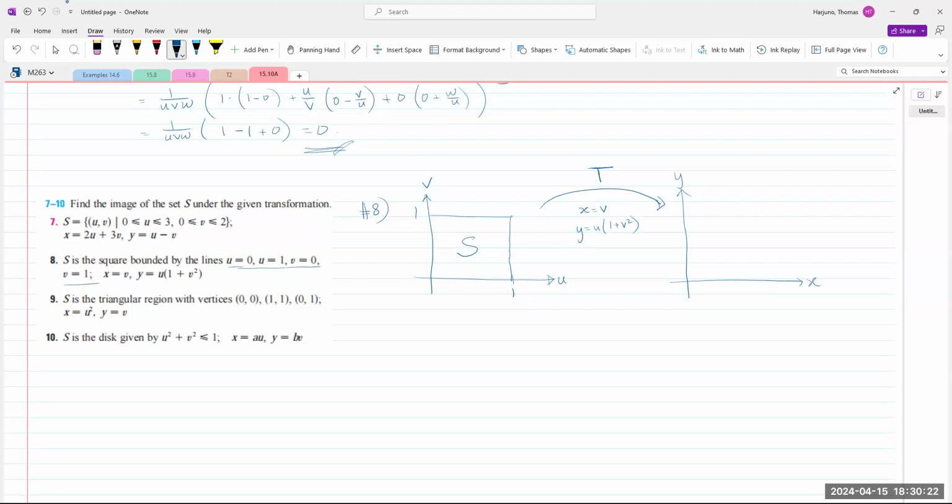Because φ is from 0 to 1 and x equals φ, it means your x will also be from 0 to 1. That one is easy. How about the y? Now this is where it becomes very difficult.